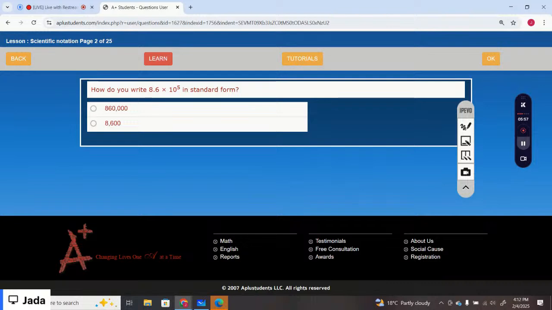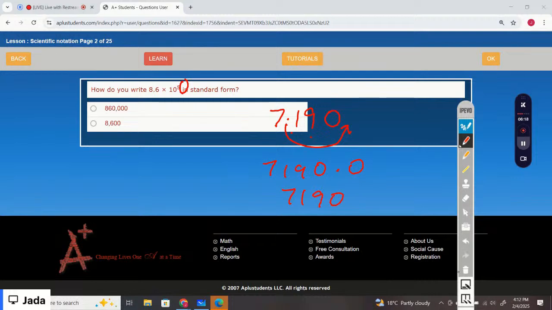How do you write 8.6 times 10 exponent 5 in standard form? The exponent of 10 is 5. That means you move the decimal point 5 places, right? So for 8.6, add 5 decimal places: 1, 2, 3, 4 and 5.